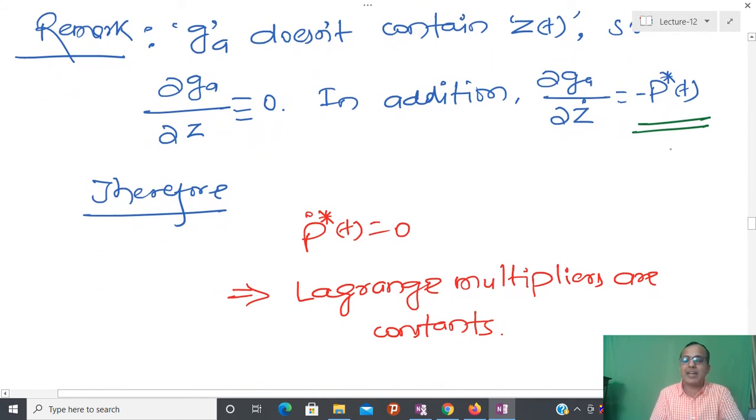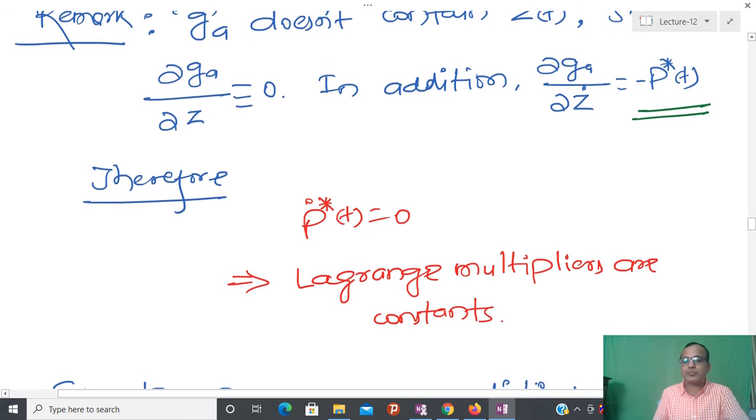So that is P star T, and in order to maintain the extremal, I have to force this equal to 0, so P star T equal to 0. It means that the Lagrange multiplier, whatever we have defined, should be constant. So that is the interpretation.